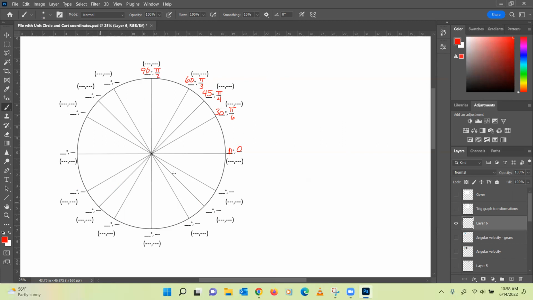Well, let's do something here. Let's drop a vertical from our 30-degree measure down to the x-axis. And now we have a right triangle. It's actually a 30, 60, 90 right triangle.